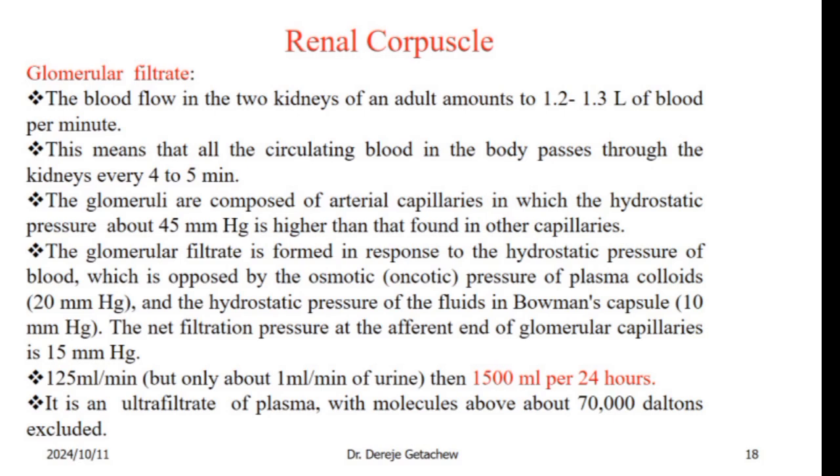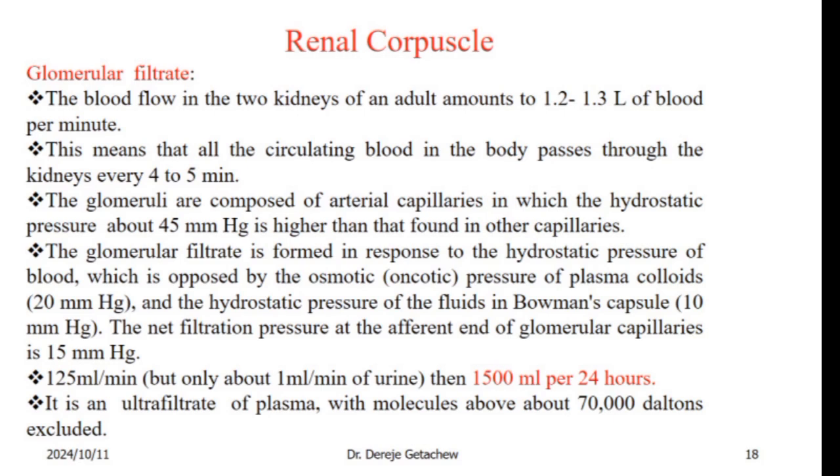The glomeruli are composed of arterial capillaries in which the hydrostatic pressure is about 45 mm of mercury, higher than that found in other capillaries. And the filtrate is formed in response to this pressure, the hydrostatic pressure inside the glomerular capillary.